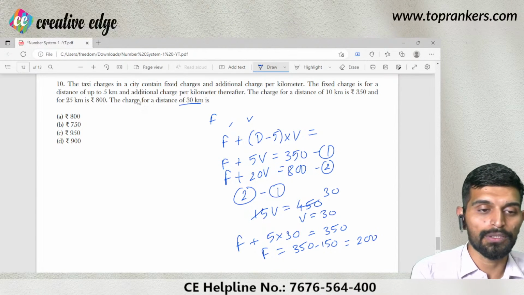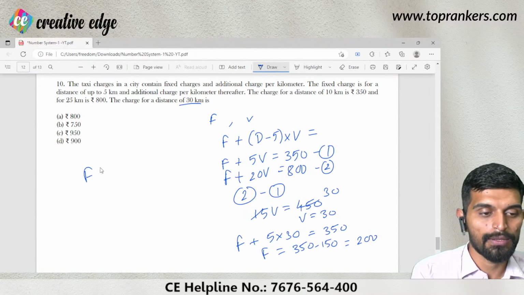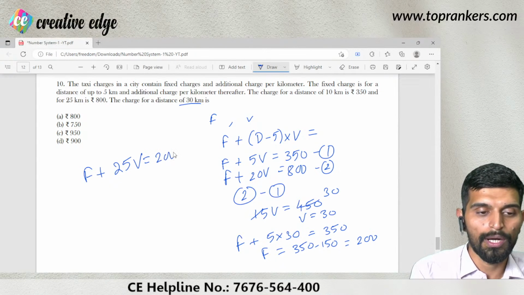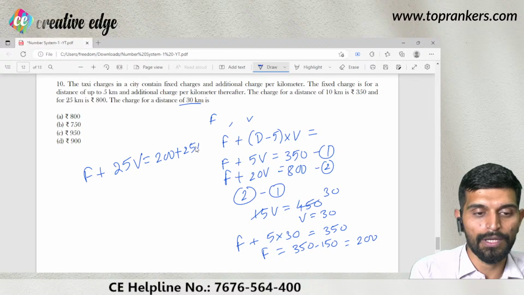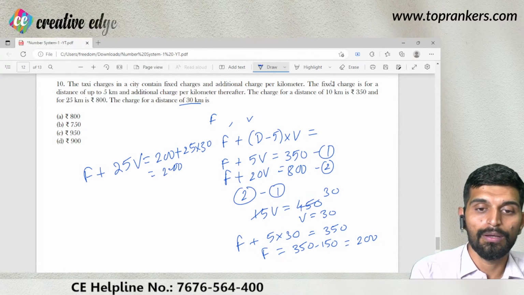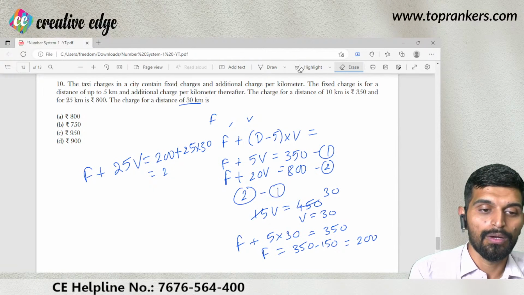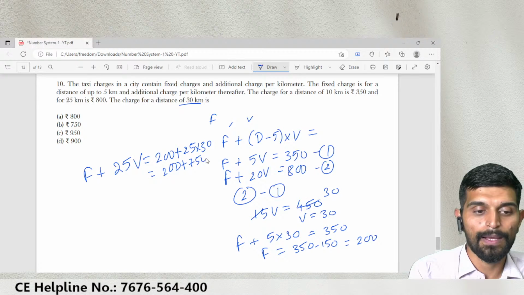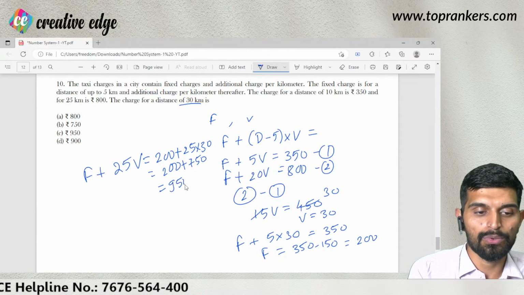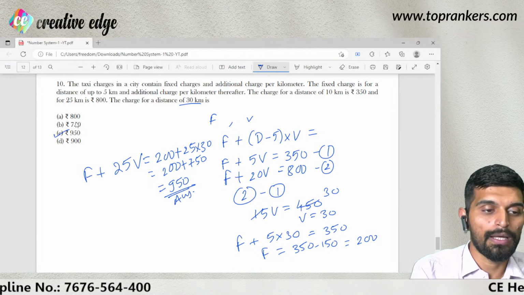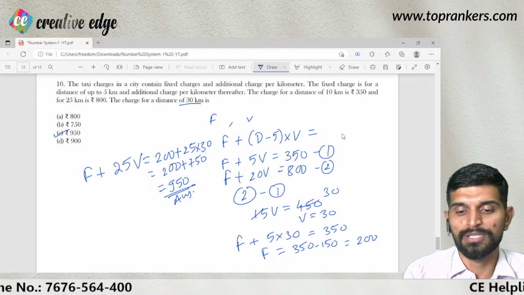And now for the distance of 30 kilometers, that will be F plus 25V. So 200 plus 25 into 30, so 200 plus 750. So the answer to the question is 950. And hence, answer is option C.